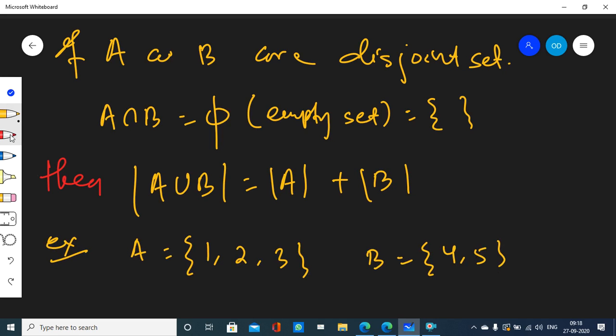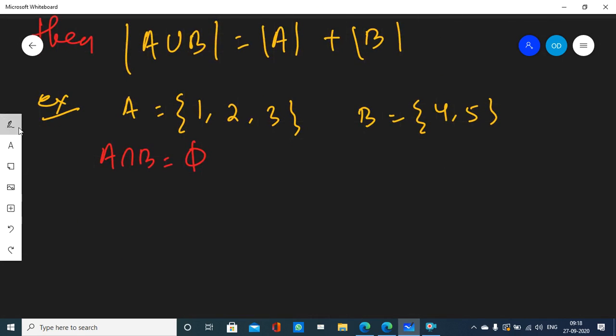Is there any element common between A and B? No, sir. That means A intersection B is the empty set, because A intersection B is the set that carries all the elements mutually shared by A and B, and here no element is mutually shared. So it is an empty set, right?